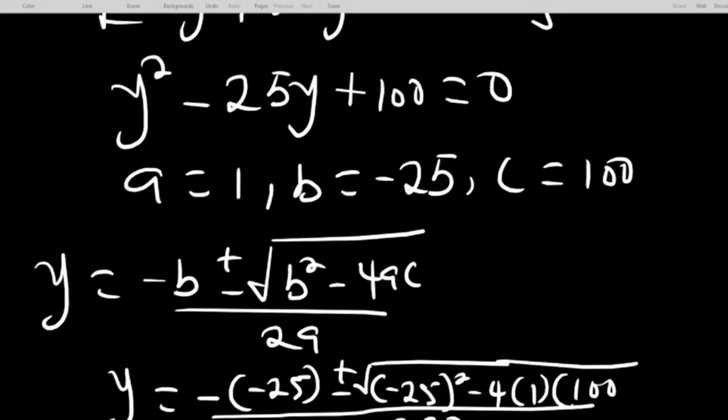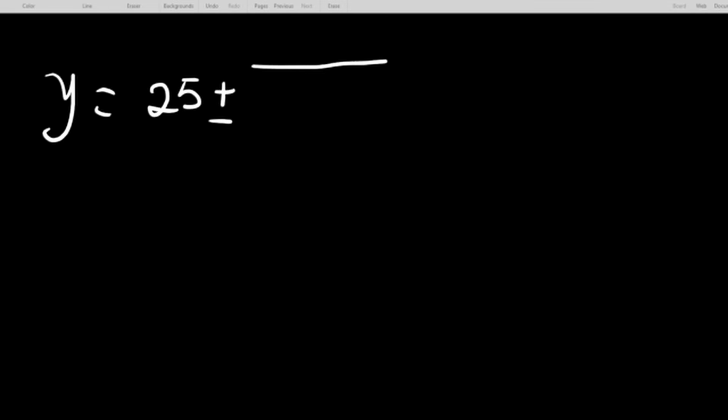So this now becomes 2 times 1. So we simplify on the other side. Here we have that y is equal to, so we initially had a negative 25, and that gives us a positive 25. Then plus or minus, inside the square root, we have 25 squared. 25 squared is 625, so we have 625.